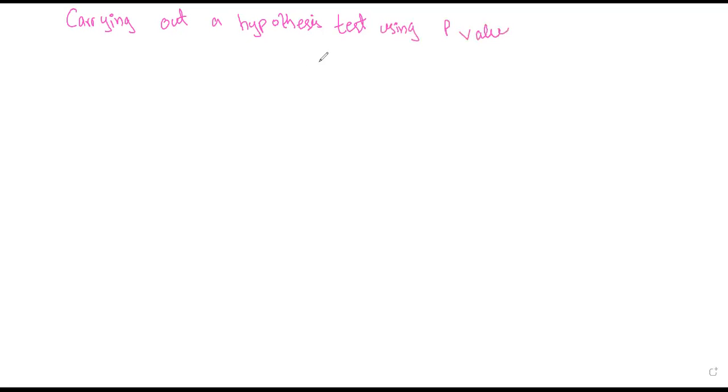Carrying out a hypothesis test using p-value. This p-value would be discussed in example.